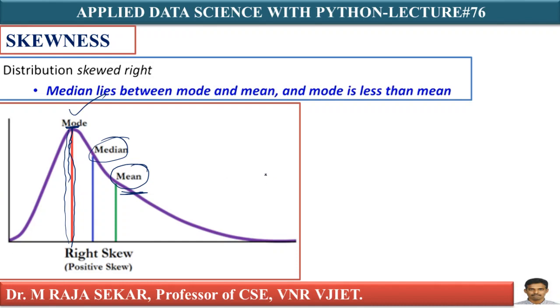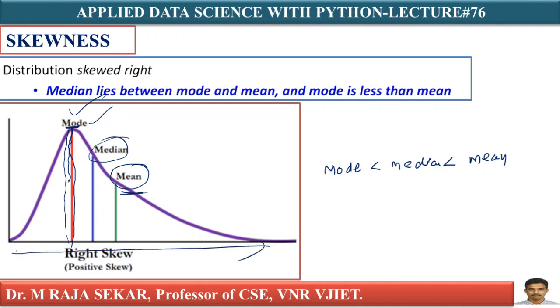I can say like this: if it is right skewed data, your mode is less than median, which is less than mean, isn't it? Which one has the highest value? Mean. Don't get confused with the height. Height indicates frequency, but numerically, on the x-axis, it is increasing, isn't it?